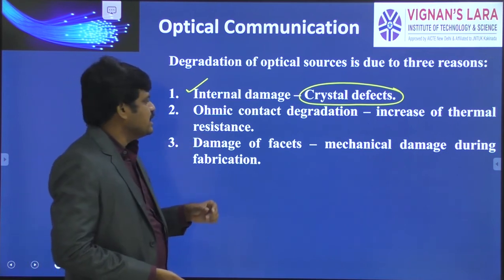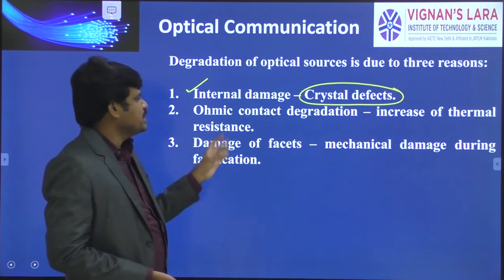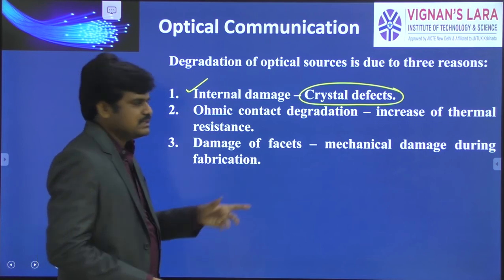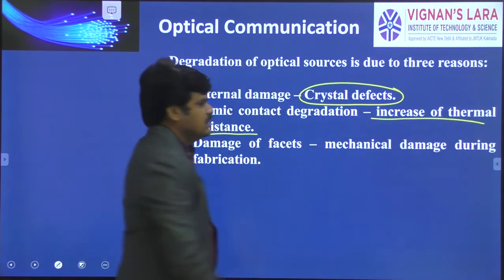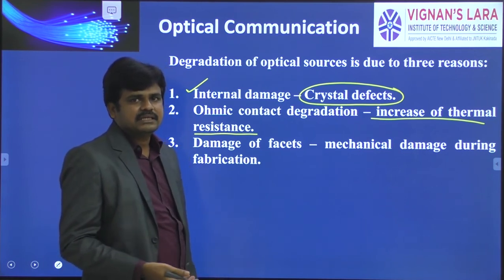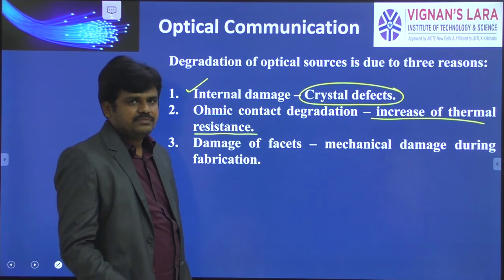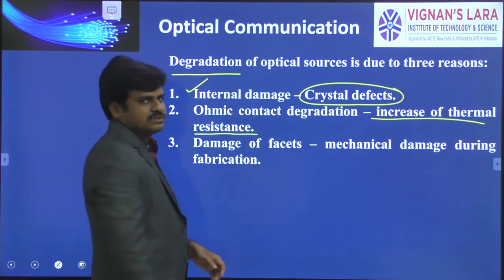The second one is ohmic contact degradation, which is an increase of the thermal resistance inside the laser diode, and it also leads to degradation of the optical source.